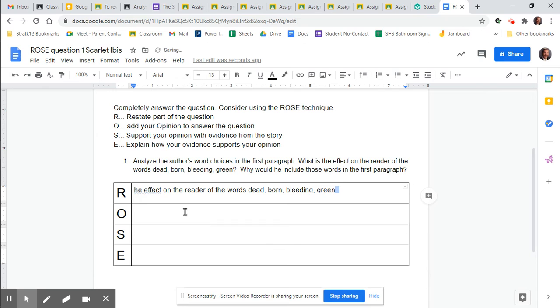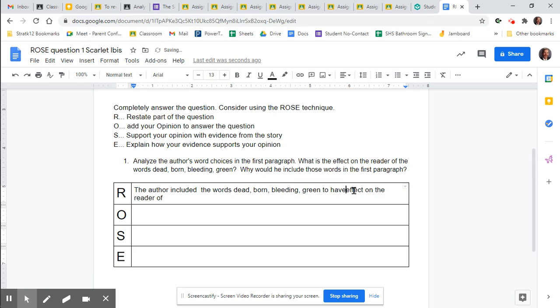Maybe you would say, the author included the words dead, born, bleeding, and green to have an effect on the reader.